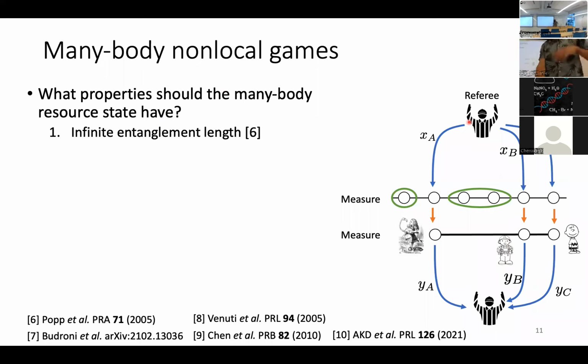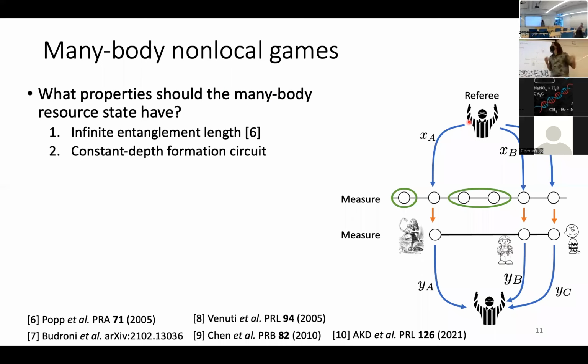Well, the first one is that the state should have this infinite entanglement length, in the sense that this first step of the quantum strategy should work, in that by doing local measurements on this many-body state, I can extract a multipartite entangled state between arbitrarily distant parties on my chain. Furthermore, since I'm comparing myself against constant depth classical circuits, it should have a constant depth formation circuit. The depth should be shallow to form this state.